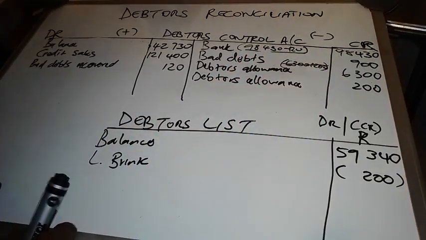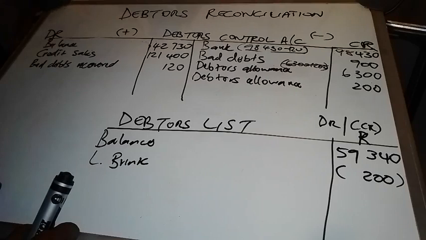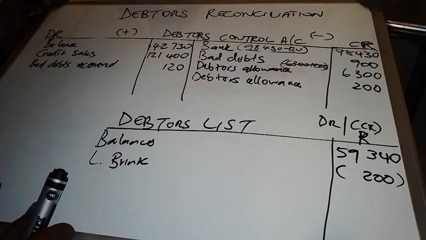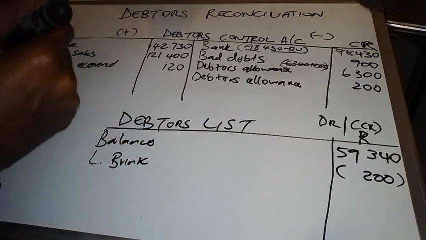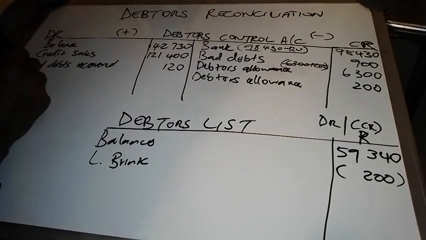Now, the next item says debtor Elements still has to be charged 89 rands interest on his overdue account. So there's interest on overdue account. It increases the debtor.